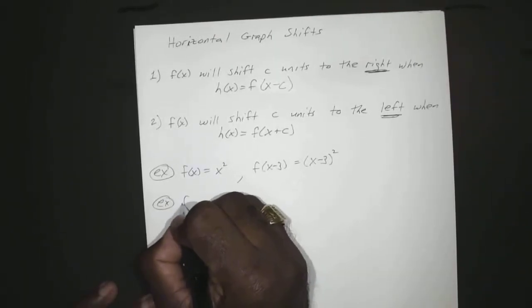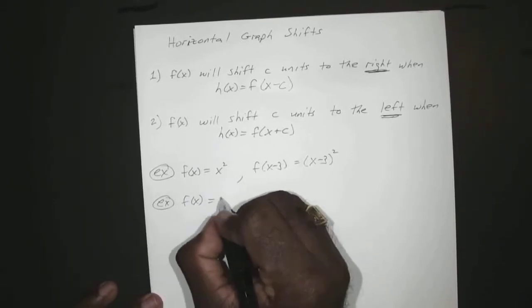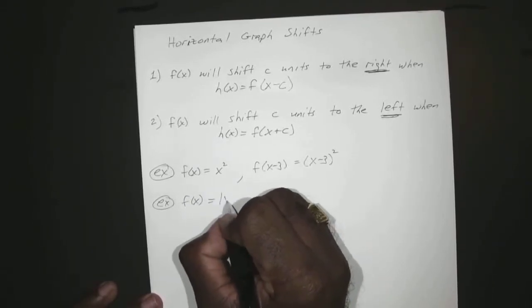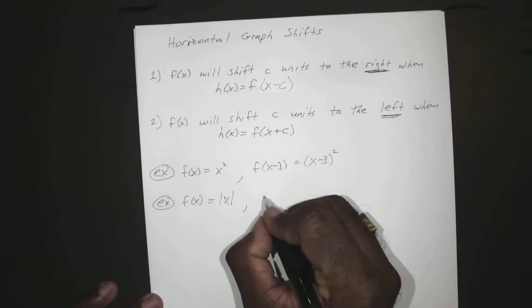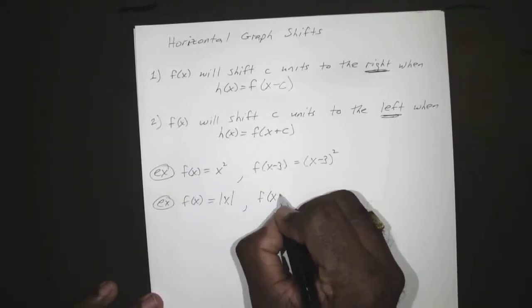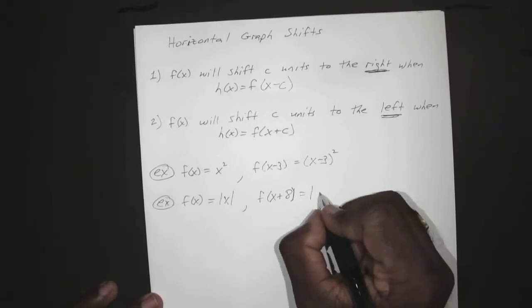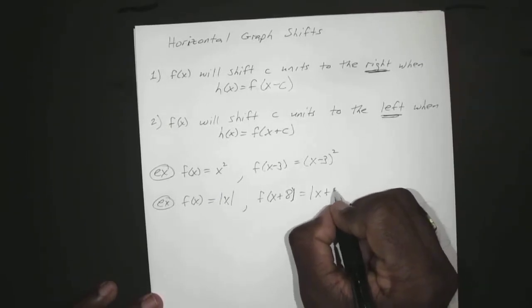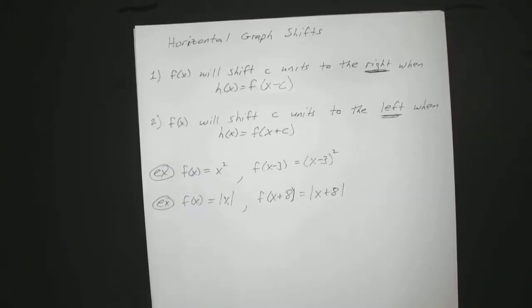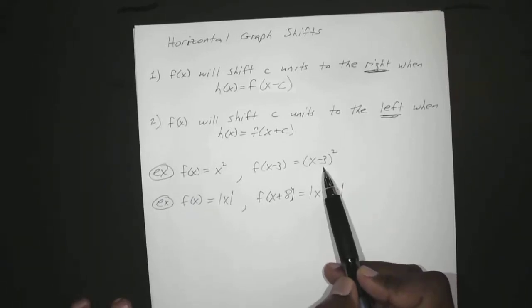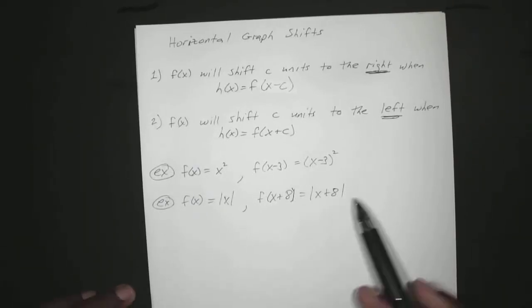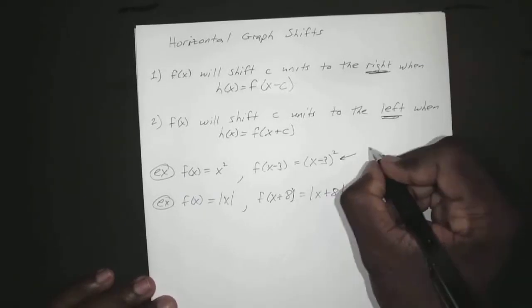Or if you have f of x equals absolute value of x, then f of x plus 8 would equal absolute value of x plus 8. Okay. So whenever you have the x plus or x minus, this is where it would shift either to the left or to the right. In this case, it would shift to the right. In this case, it would shift to the left.